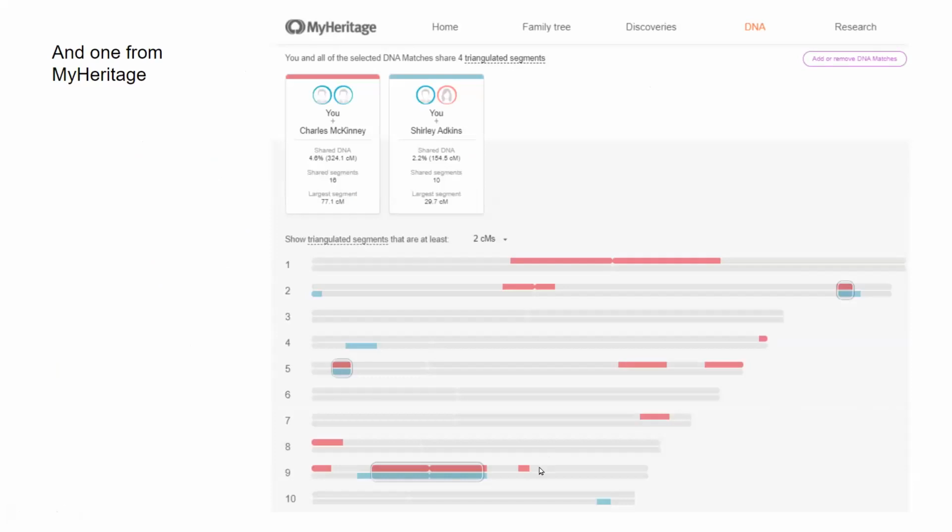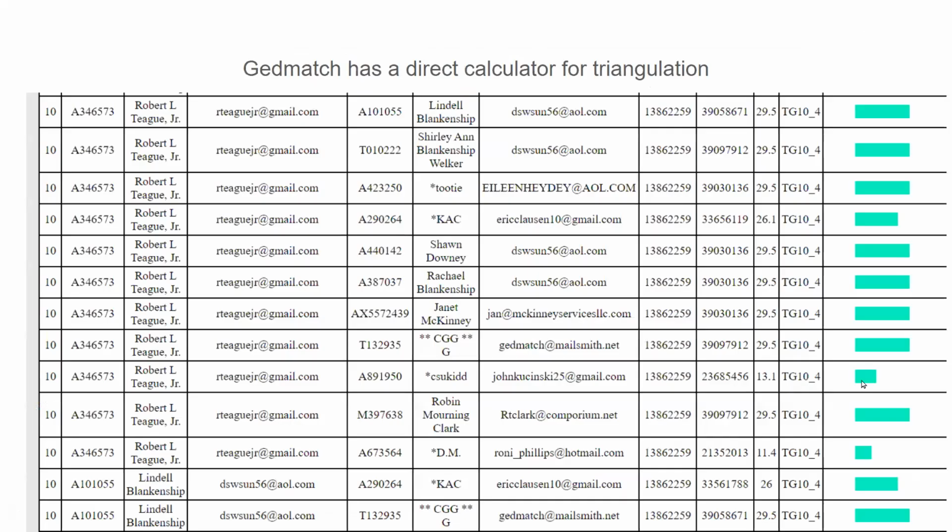This is MyHeritage. Again, this is a different group of a different place of matches. This is actually my Lilly family. And in GEDmatch, you can actually do a run for triangulation. You can actually say, go through every piece of data you've got and show me where people match.